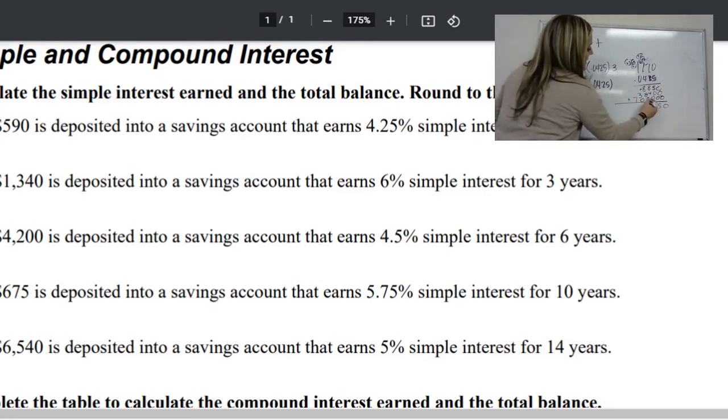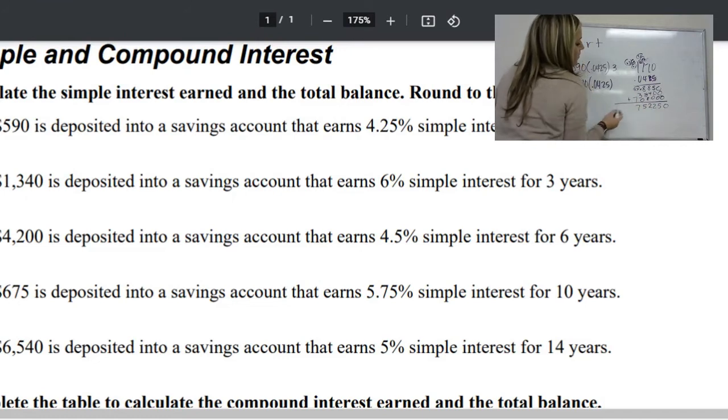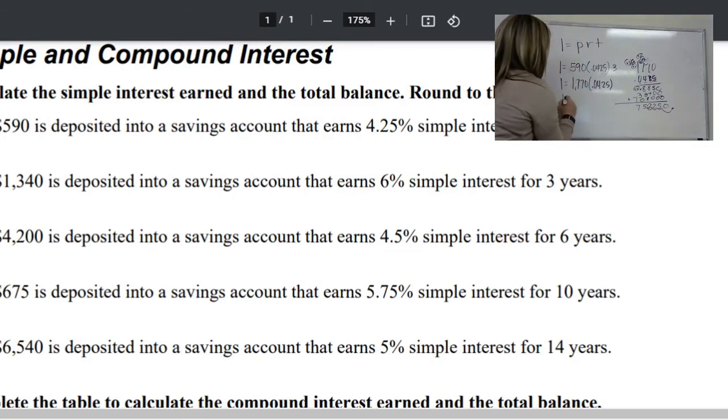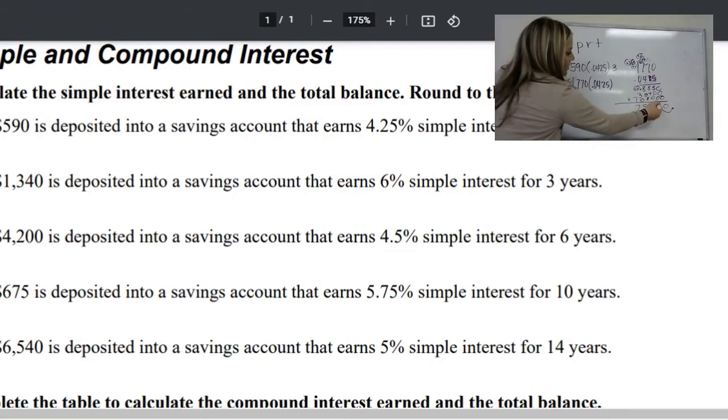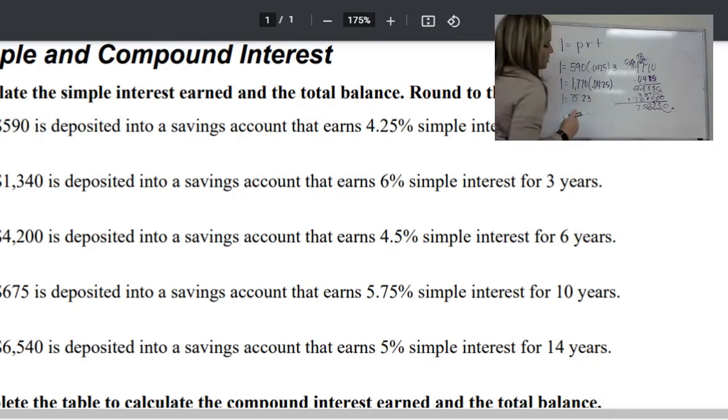The 2 gets to stay, and the 2 gets to go. 2 plus 3 is 5. Now, 1, 2, 3, 4 decimal places. I've got to move my decimal. So the interest would be $75, and this 5 is going to bump that 2 to a 3. So $75.23. That's how much interest you have.